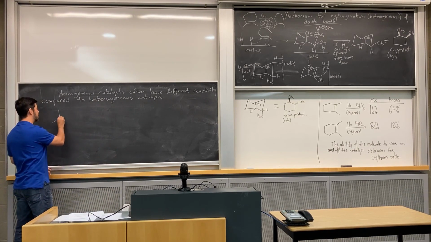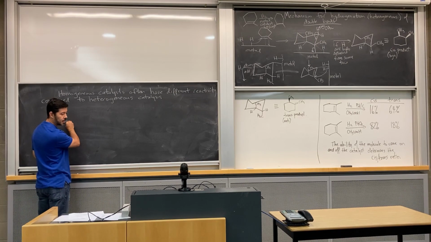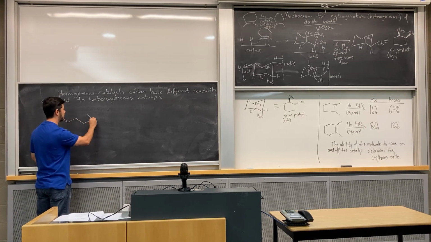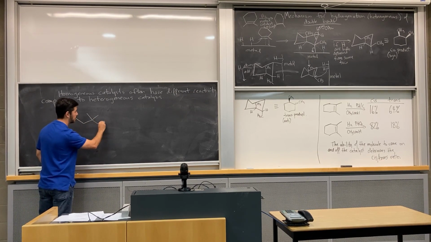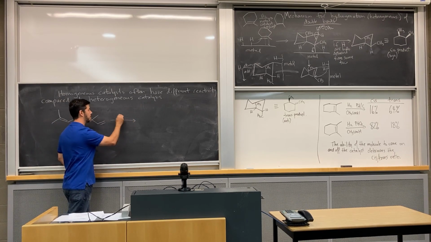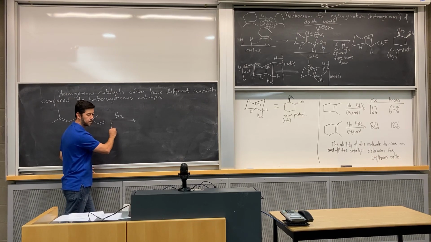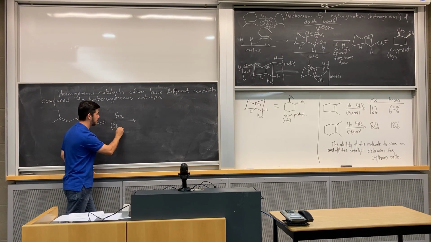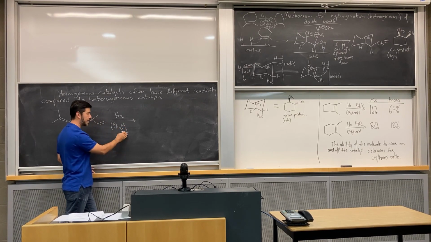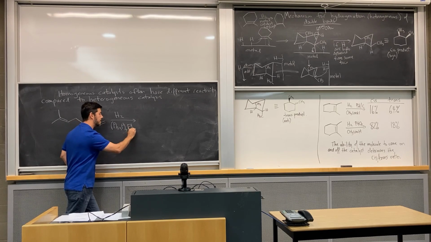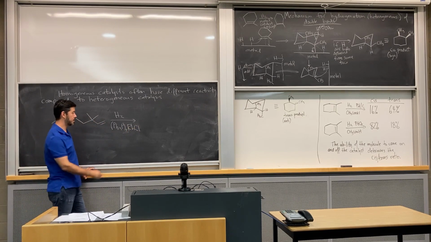So here is an example of a molecule that has a couple different double bonds. And if we treat this with hydrogen over a rhodium catalyst, we're going to have triphenylphosphine, and we'll talk about that in a minute. So there's 3 of these with a rhodium center and then a chlorine attached to it.